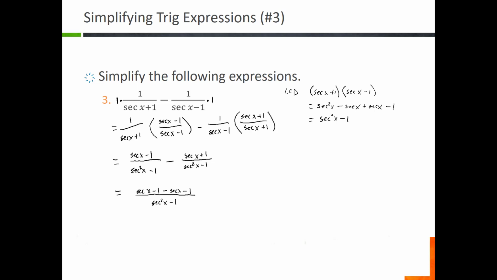So remember, you have to distribute that subtraction. So it's minus the secant and minus the 1. Okay. Now, what happens? Well, if you look at this, we have a secant x and a minus secant x. So those actually cancel out, which makes a minus 2 over a secant squared x minus 1.